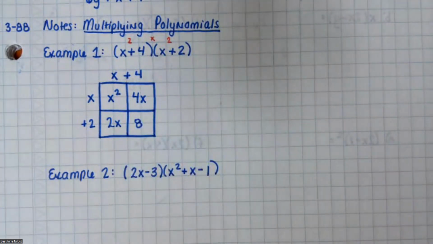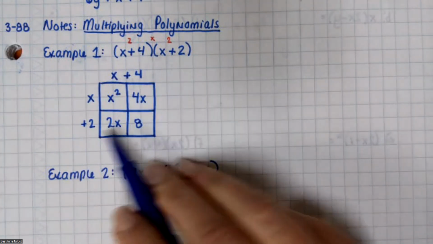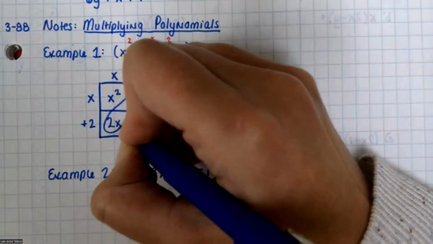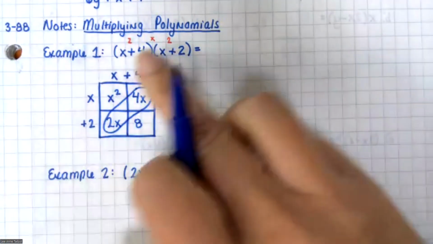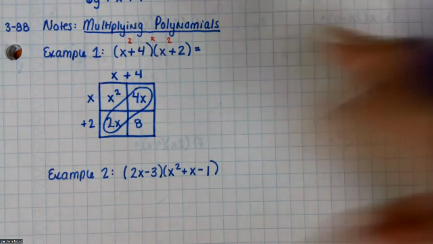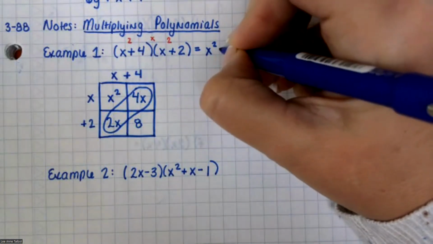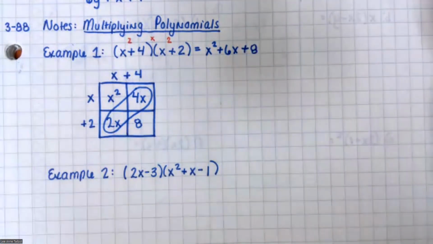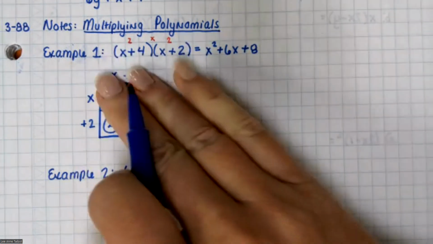Okay, so you decide on the size box, multiply it out, and then check for like terms. And then up here, you already have the area as a product as your answer, or as your problem. So just write the answer, which is x squared plus 6x plus 8. Product, sum.